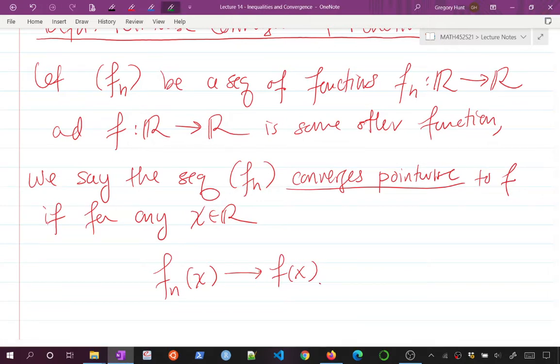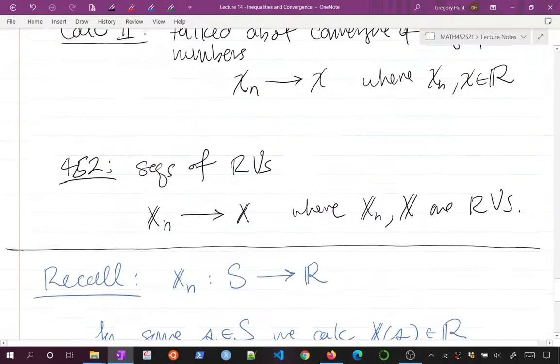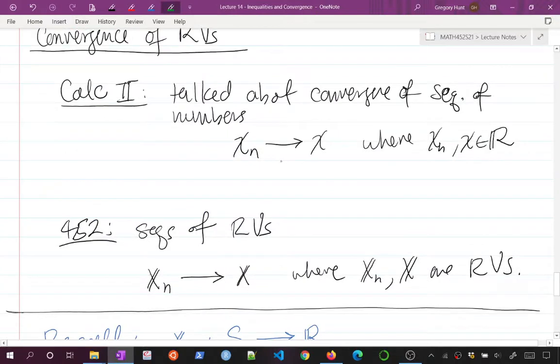My arrow here means converges. Probably should have explained that above. This arrow just means converges. It's the more big boy version of writing the limit of whatever.